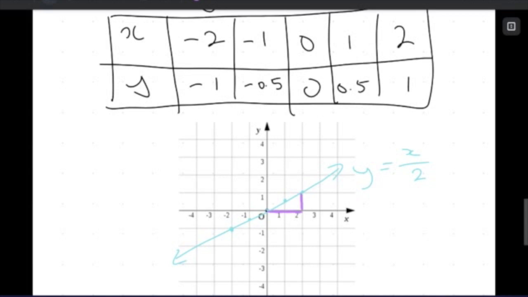Now, what about back here? I can also say that I can pick out any increment that x increases by, and y will always be half of that. Say I had x going up in an increment of 4 units, from -4 to 0. Well, my y should go up 2.